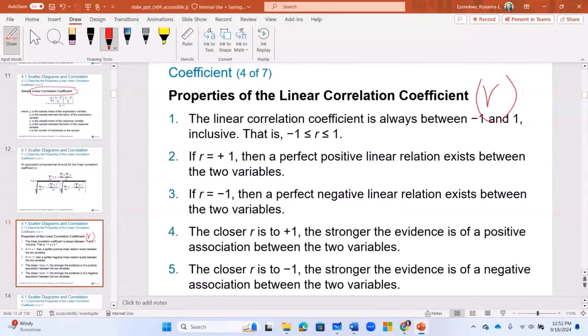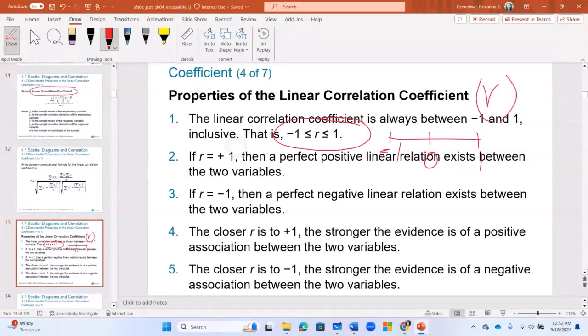The first one says the linear correlation coefficient R is always between -1 and 1. So you can write it with an inequality, or with a number line such that 0 is here, 1 is here, and this is -1. The value of R can be from -1 to 1.